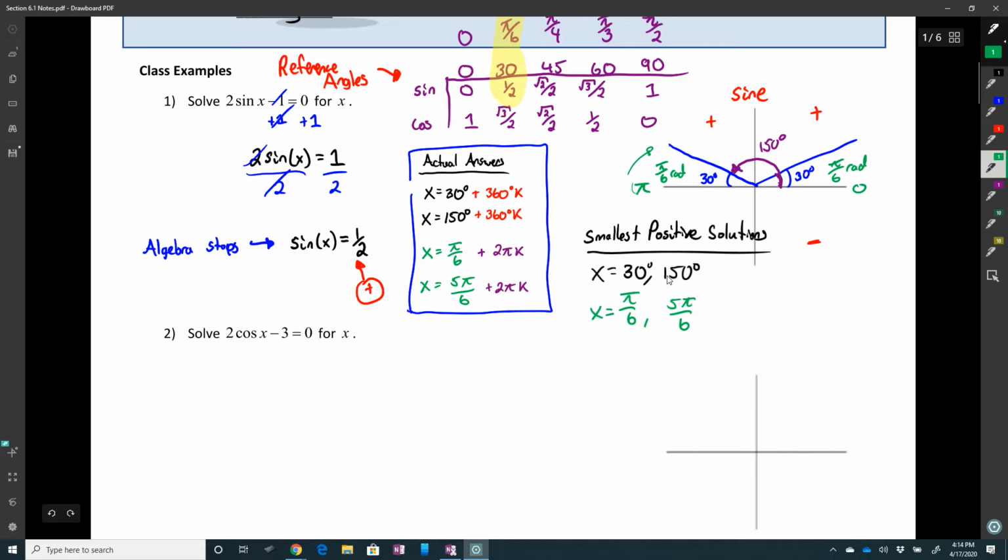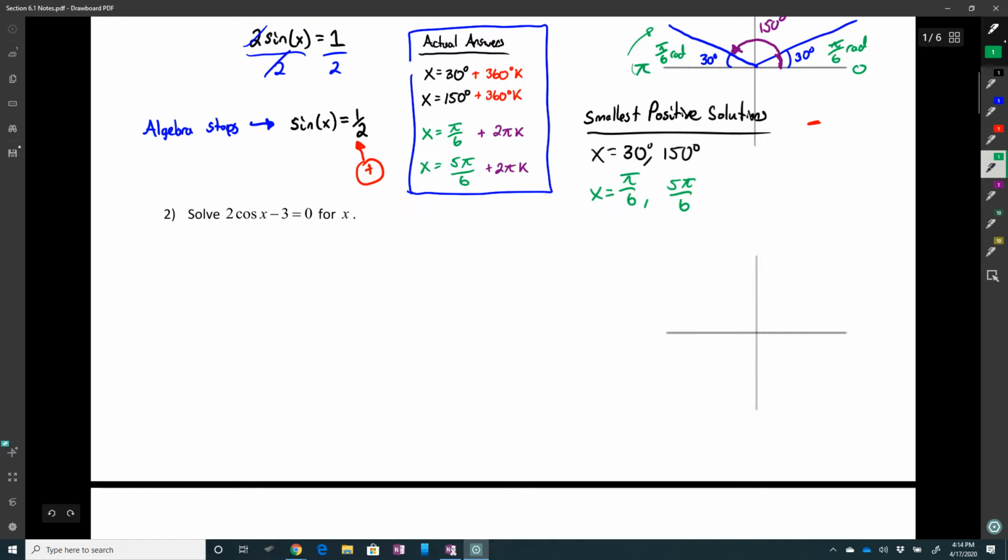All right. So now let's go to the next one. The next one says solve 2 cosine x minus 3 equals 0. And so this one's same as before. I add the 3 to the other side, and then I divide by 2. But notice that 3 halves is 1.5. But if I'm dealing with cosine, this is a really bad cosine.